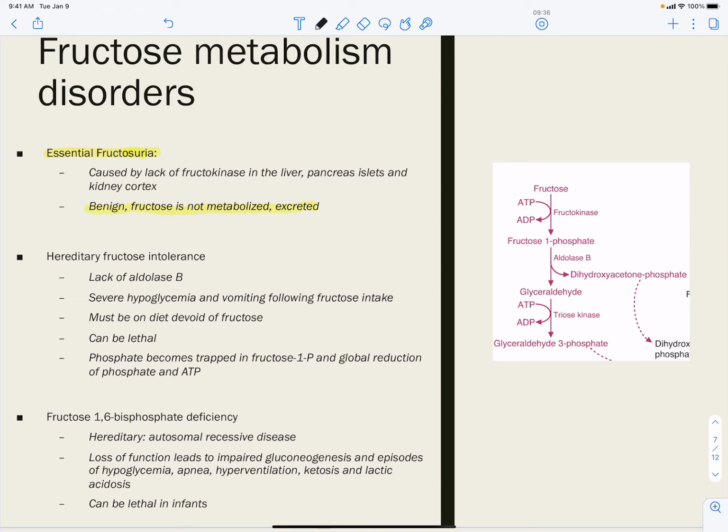We talked about you're going to take up glucose, and you're going to get glucose 6-phosphate, and this can go to glycolysis, and this can go to glycogen, and this can go to fatty acids, and this can also go to making fructose. And so you can imagine, why does your cell want to make fructose? Well, it doesn't. It just means there's too much glucose.